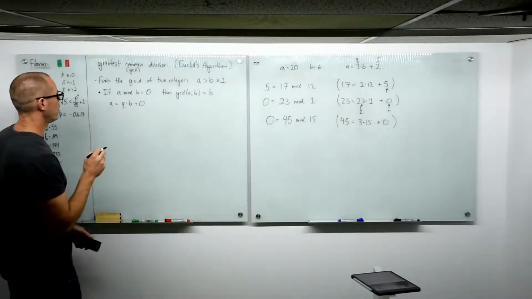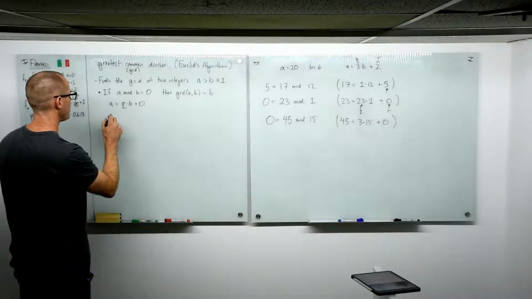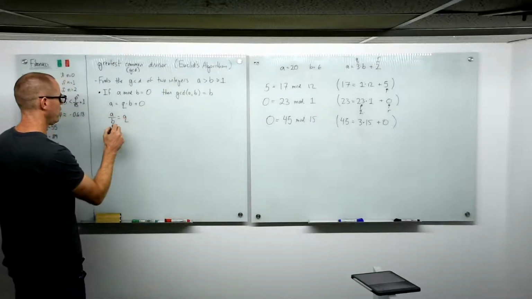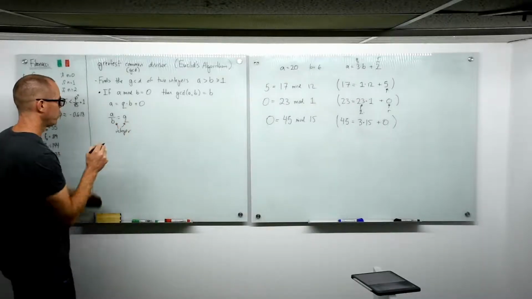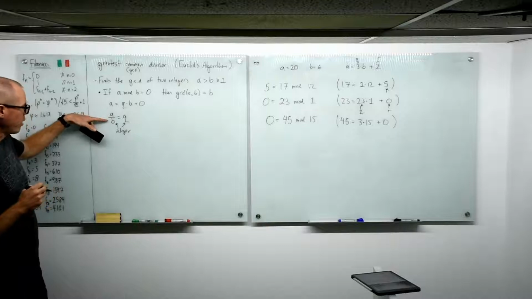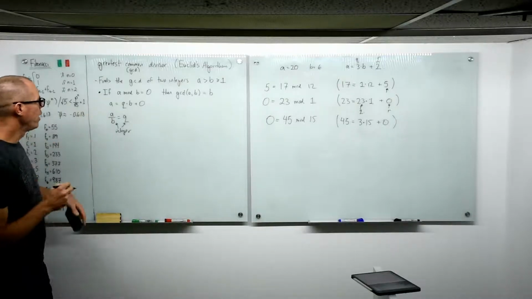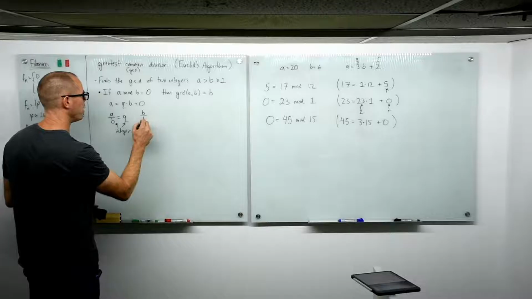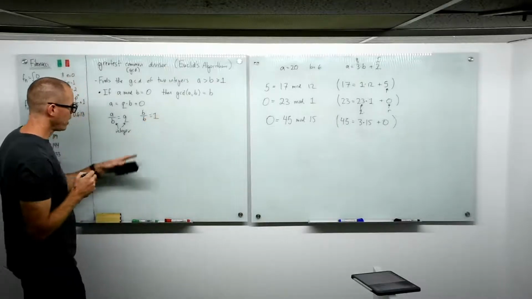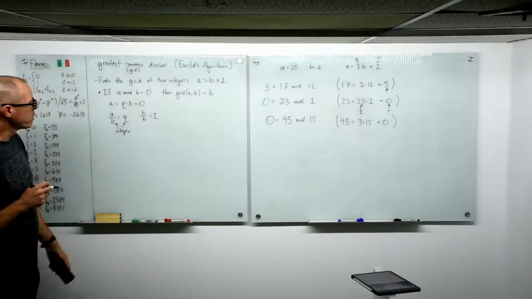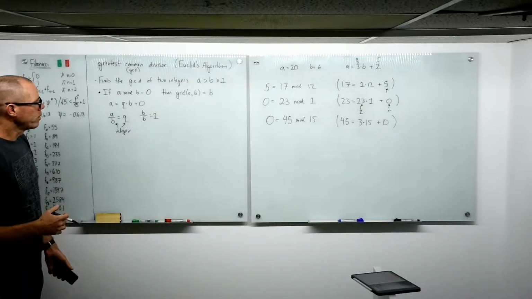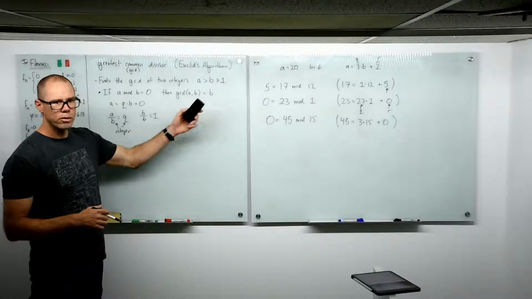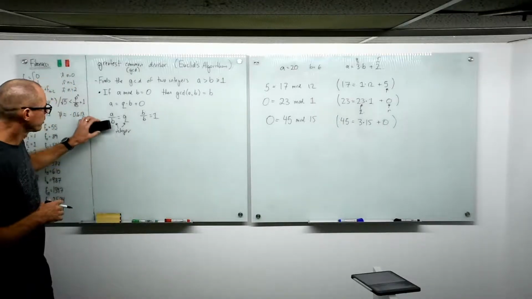And so that means that A divided by B is equal to Q. So that's an integer. So B does indeed divide A, so B is a divisor of A. And of course, B divided by B is equal to 1. That's also an integer, so B divides itself. And so the GCD then of A and B is just B. Okay.